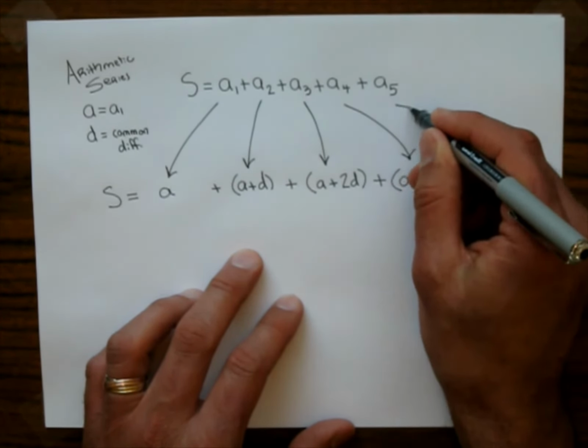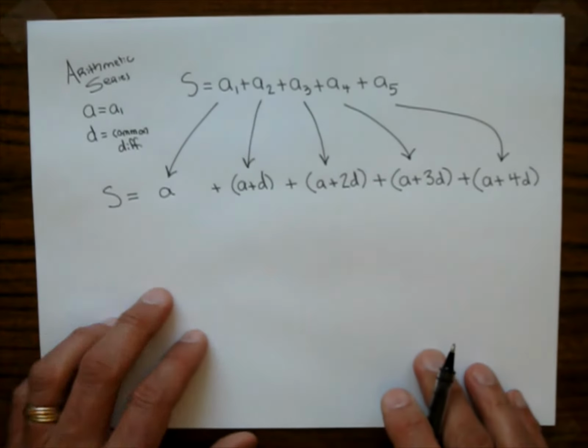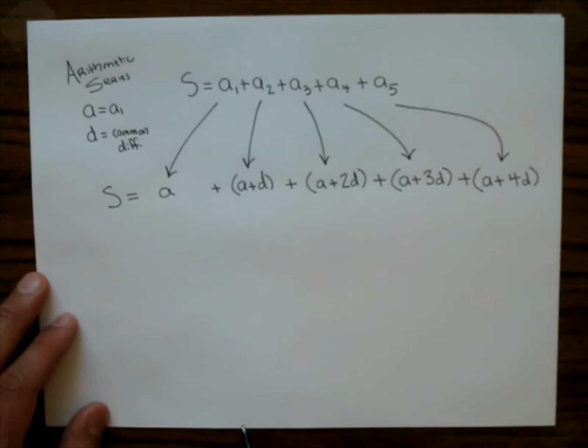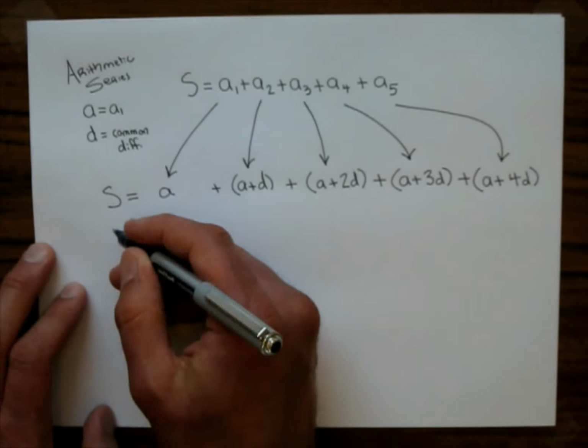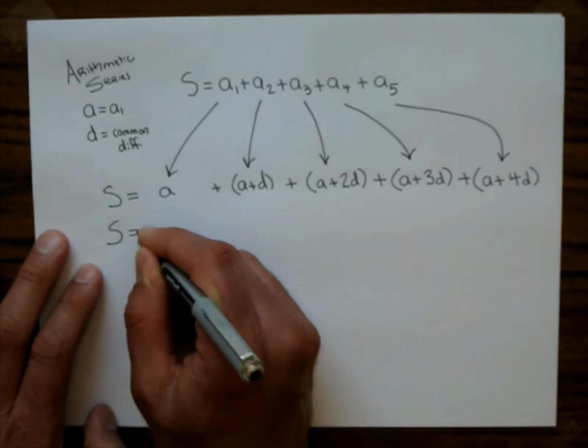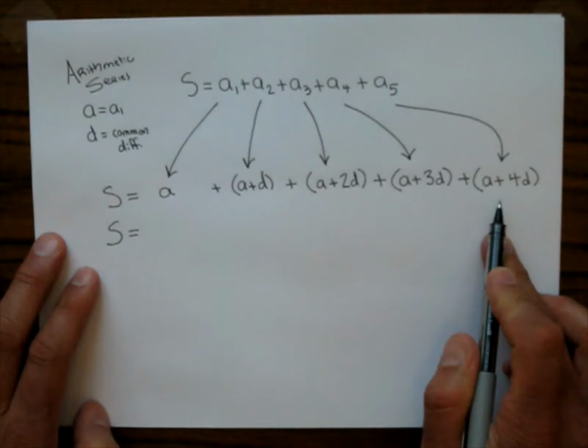So what I'm doing right now is very abstract. You might not like it. You might want to skip ahead until you see problem number 1. Okay, so I'm going to rewrite this sum backwards like little Carl Gauss did.